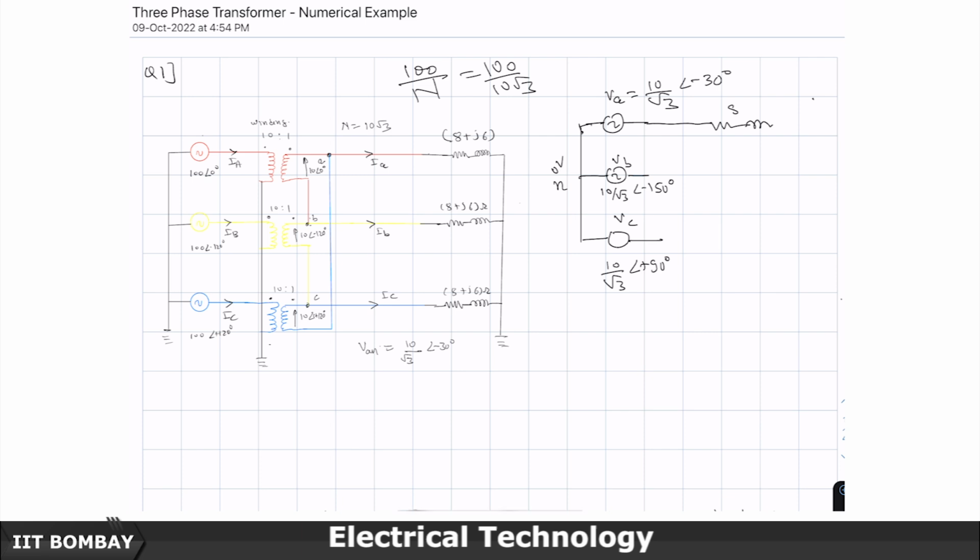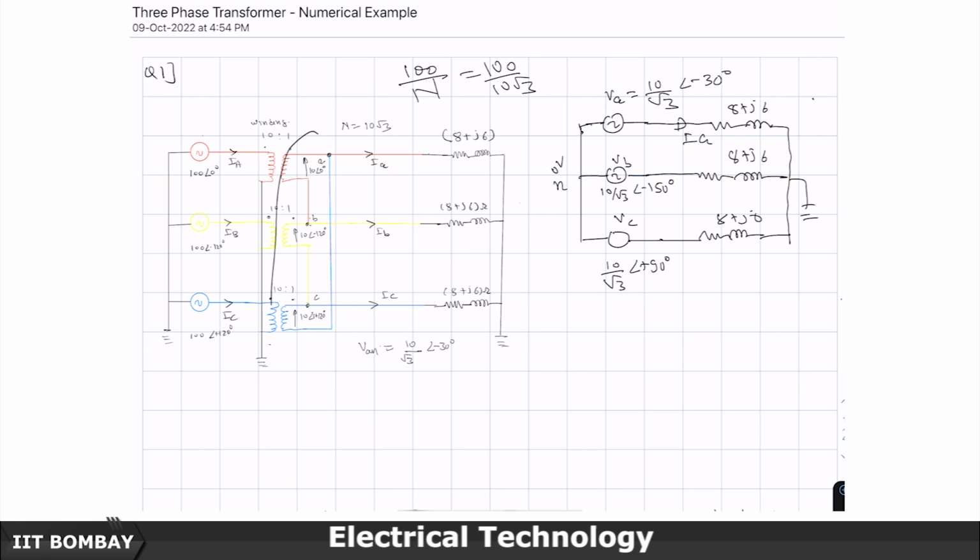8 plus j6, 8 plus j6, 8 plus j6, and grounded, and this is my IA, same line current IA.